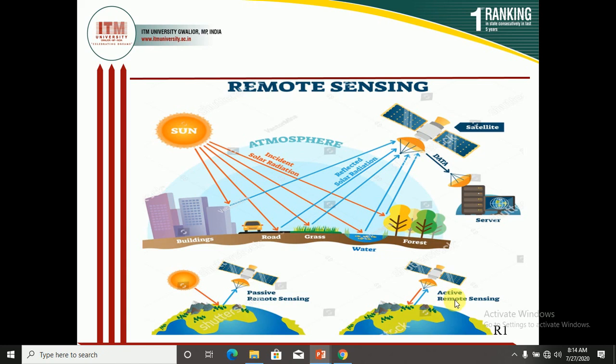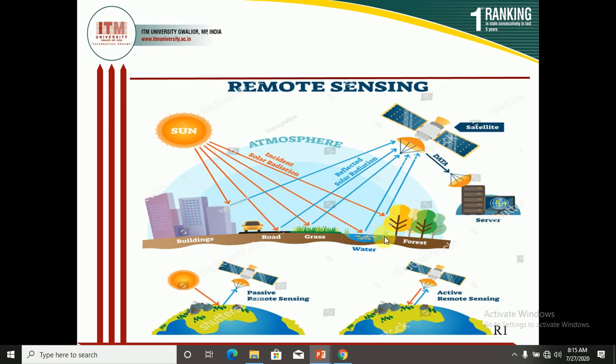What is active remote sensing? In active remote sensing, there is no natural source of light. Certain radiation is emitted by the satellite and sent to the earth surface. That radiation transmitted by the satellite is absorbed by the bodies or anything present on the earth surface.